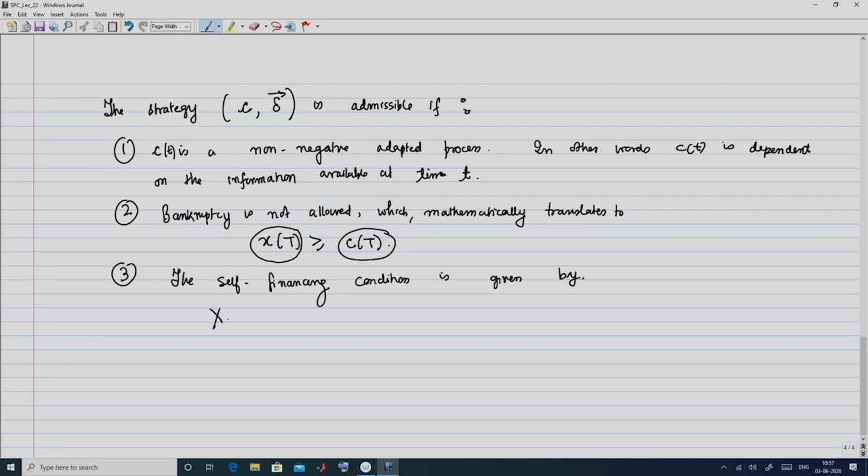At time t, you have a wealth level x of t, and then you have consumed C of t, and the remaining amount you invest in bonds, delta naught bond, delta 1 in the first stock, all the way to delta n S n of t, and this delta naught will have the argument t plus 1 to indicate that this is an investment made at time t and held up to time t plus 1. So, likewise delta 1 t plus 1 all the way to delta n t plus 1.